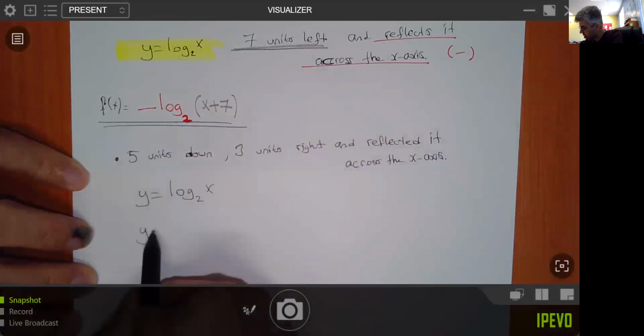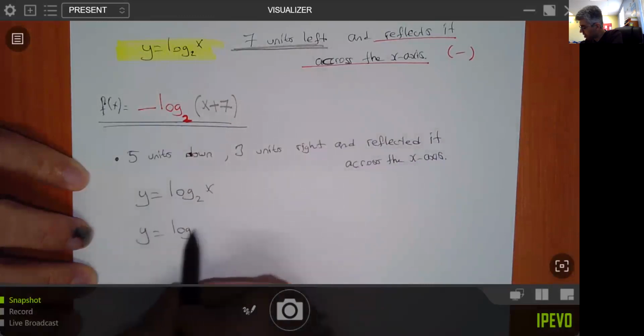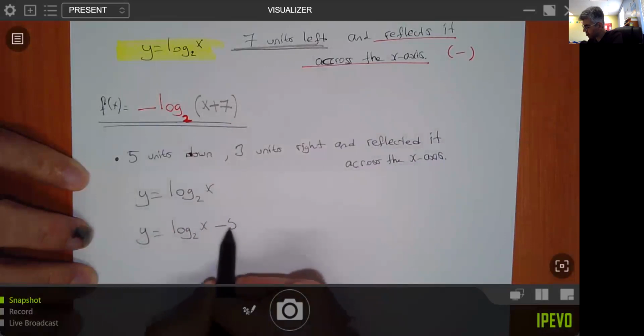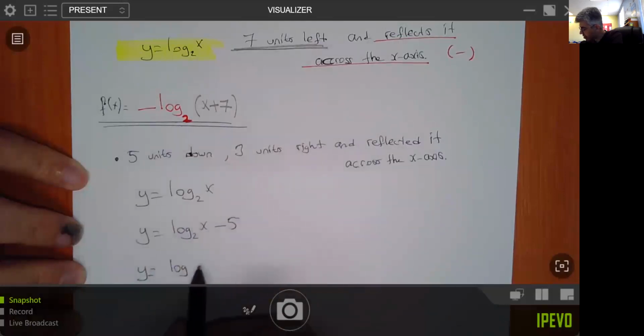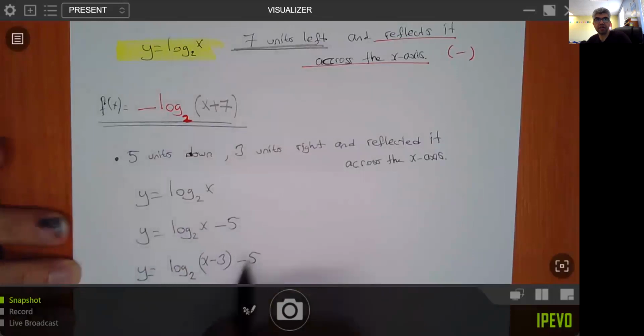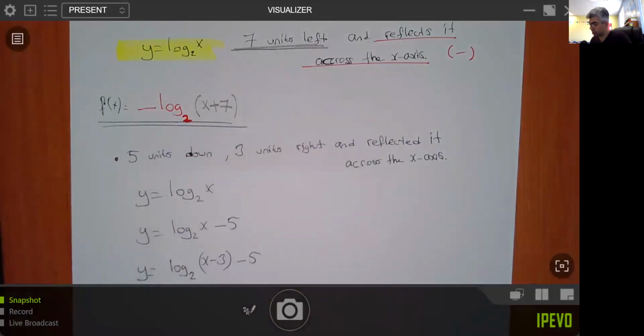Let's do step by step. It means we have log of x base 2 minus 5. 5 units down. Okay. And then 3 units right. So we should have x minus 3 in parentheses.